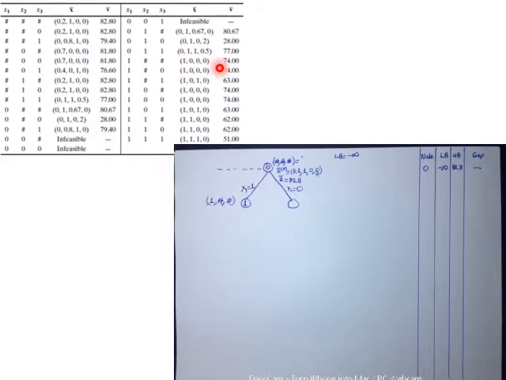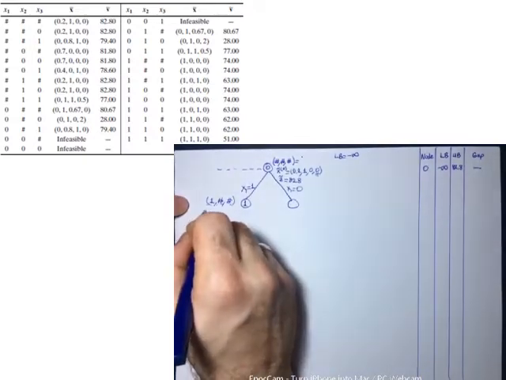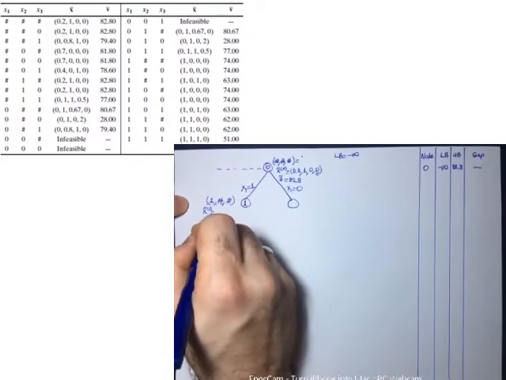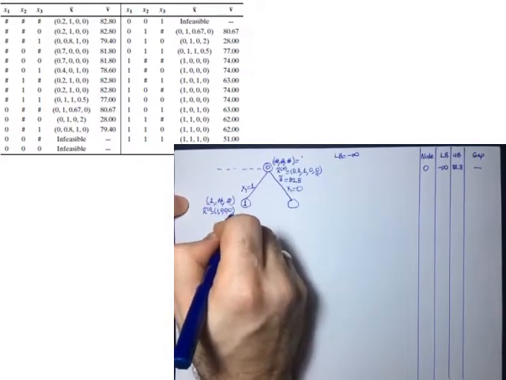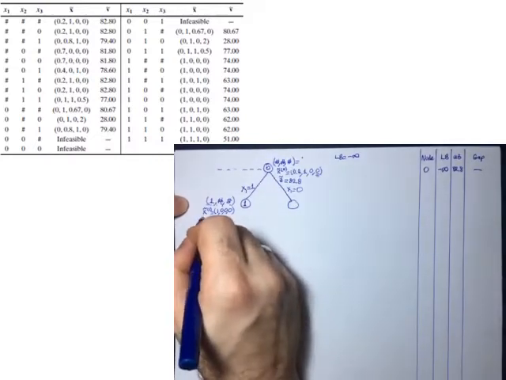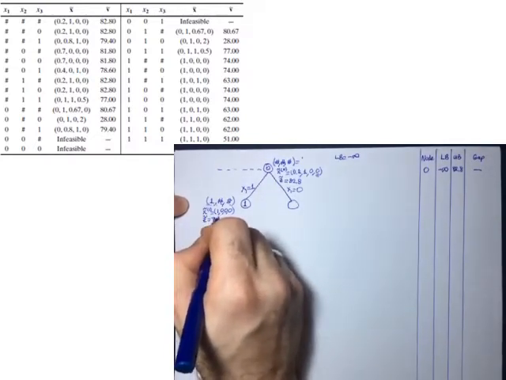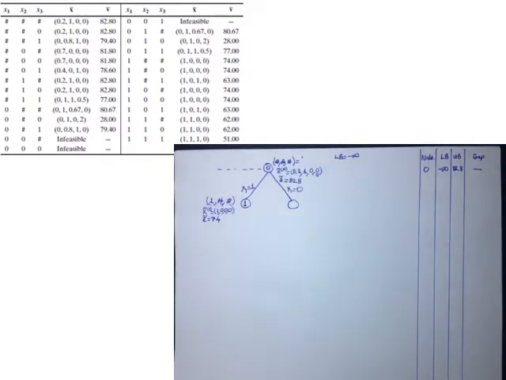If you look at this row on the right hand side, x1 value is 1, x2 is free, and x3 is free, which is this one. Then the solution, I'm going to write x1, the solution, 1, 0, 0, 0. And the objective function value of this solution is 74. Good. Now it's time to make some decisions and some conclusions. Can we fathom?